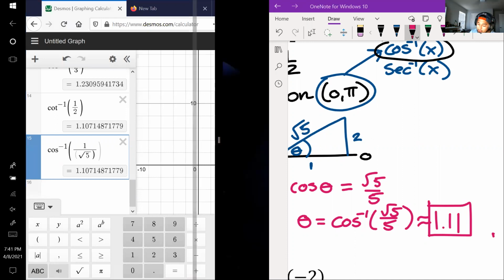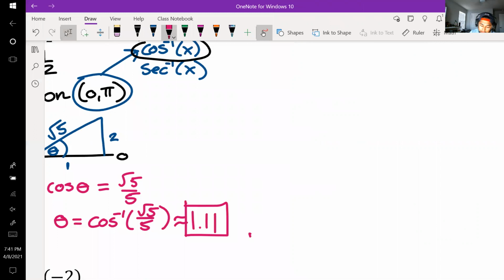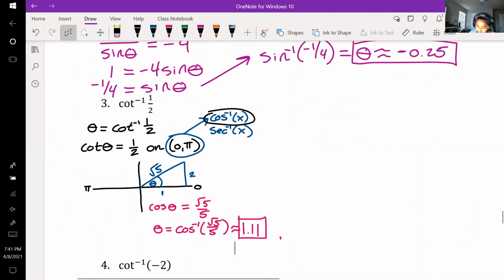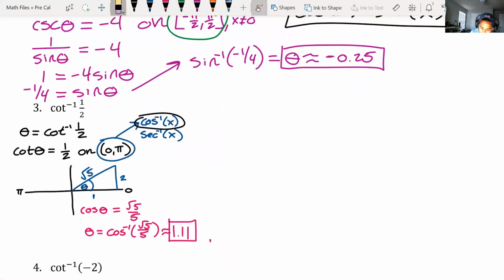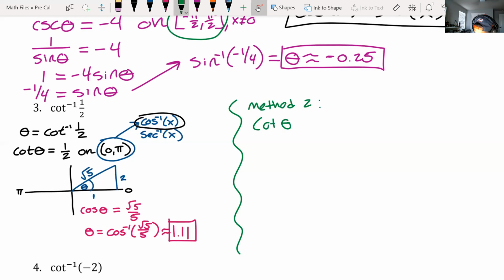So let me show you option 2. All right, method 2. We know that cotangent theta equals 1/2 on 0 to pi.